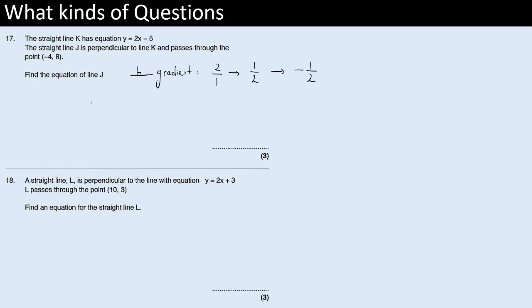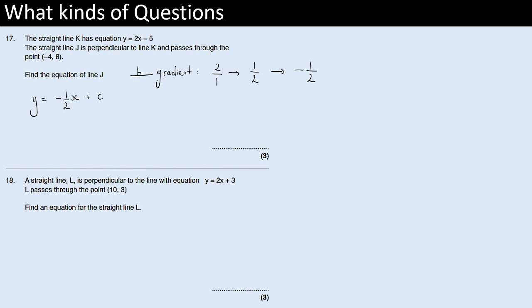And just like in our previous little section, we can now write y equals negative a half of x plus c. Now, if you got up to that point, that is probably going to get you 1 mark for finding the negative reciprocal gradient.